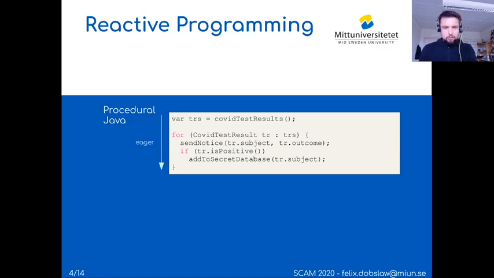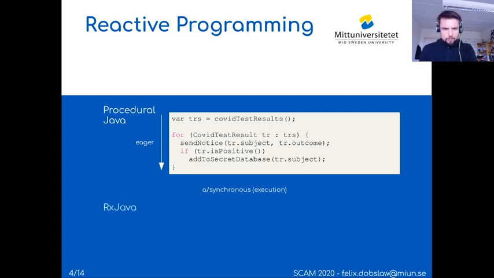And procedural code is eagerly executed, meaning that it's going from the top down, line by line. And we don't know really whether send notice and add to secret database are executed synchronously or asynchronously, meaning that we're waiting for the result or not, because that is a semantic that is hidden here.